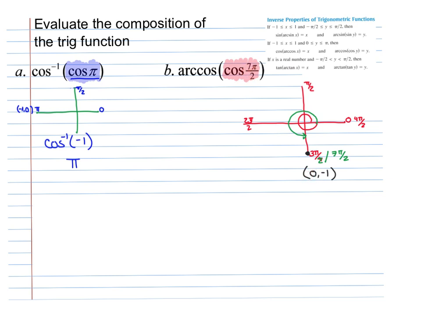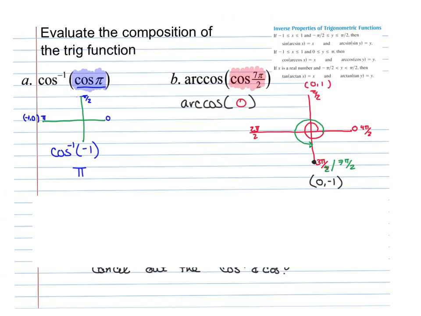Now we're going to have arc cosine of 0. And we know that arc cosine of 0 is not only 0 down here, but also 0 up here, so it's 0, 1 up here. Since we have that, we know that arc cosine is 0 up here, that means our actual value for arc cosine would be pi over 2.